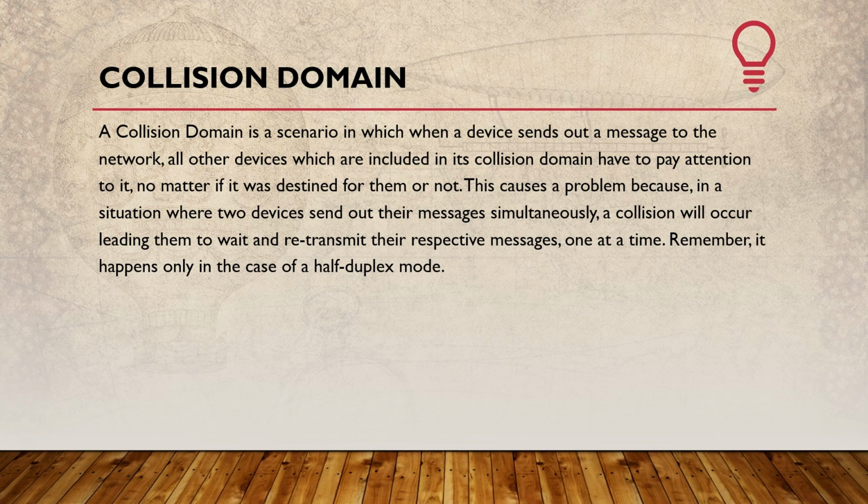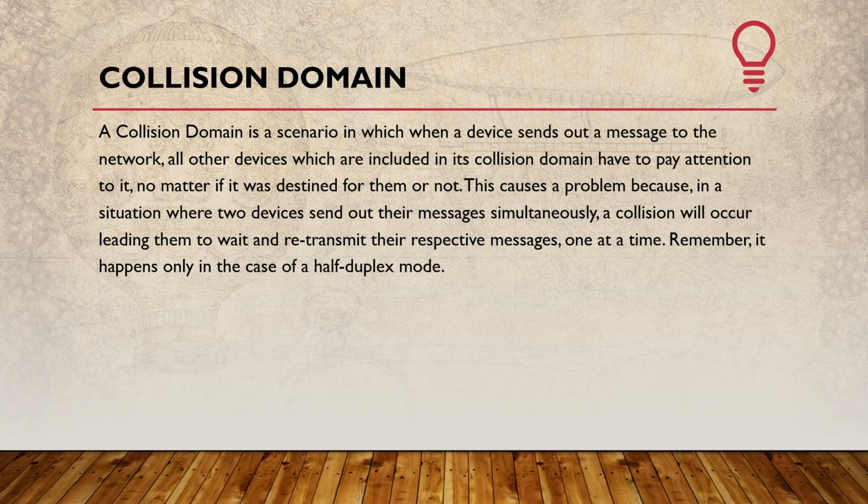Here, in the collision domain, when a device sends out a message to the network, all the devices included in the collision domain have to pay attention, no matter whether it was designated for them or not. This causes a problem when two devices send out their messages simultaneously: a collision will occur, leading them to wait and retransmit their respective messages one at a time.